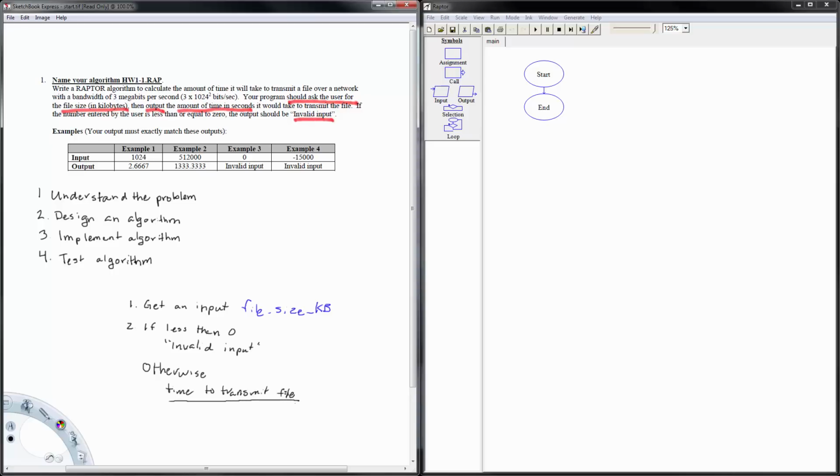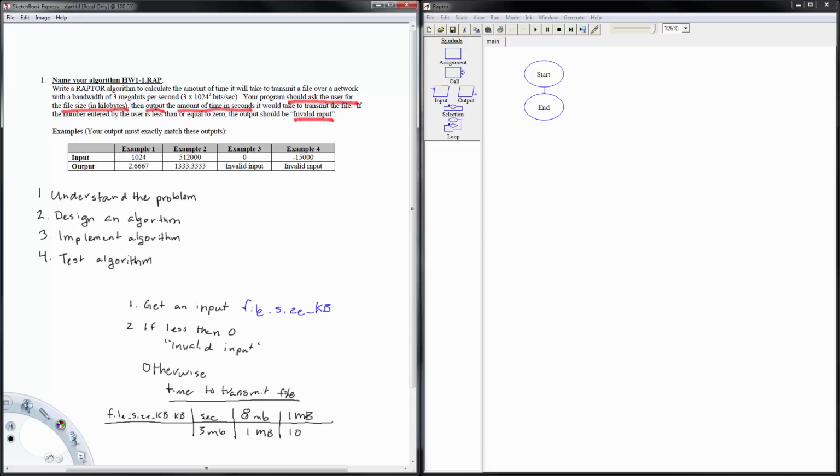Let's take a closer look at how we'll calculate the time to transmit the file. We'll start with the user's input of file size, which is in kilobytes, and we'll divide that by the bandwidth of 3 megabits per second. Now we want to convert everything into common units, so we'll start by converting our megabits into megabytes, which is 8 megabits for 1 megabyte.